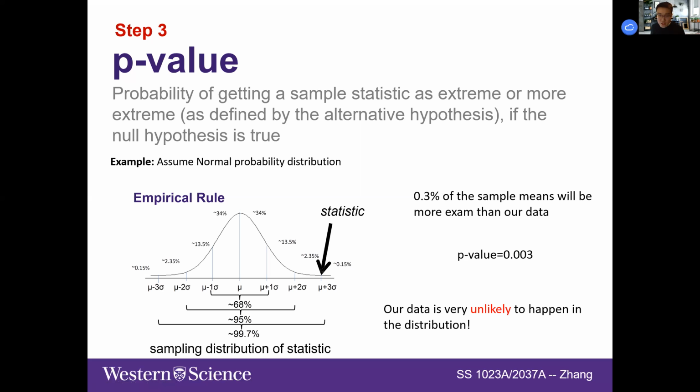There's a question: can we calculate a p-value if the data is not normally distributed? We usually need to have some assumption, because here we're using the empirical rule. So in this course, I will say no, we cannot compute the p-value.